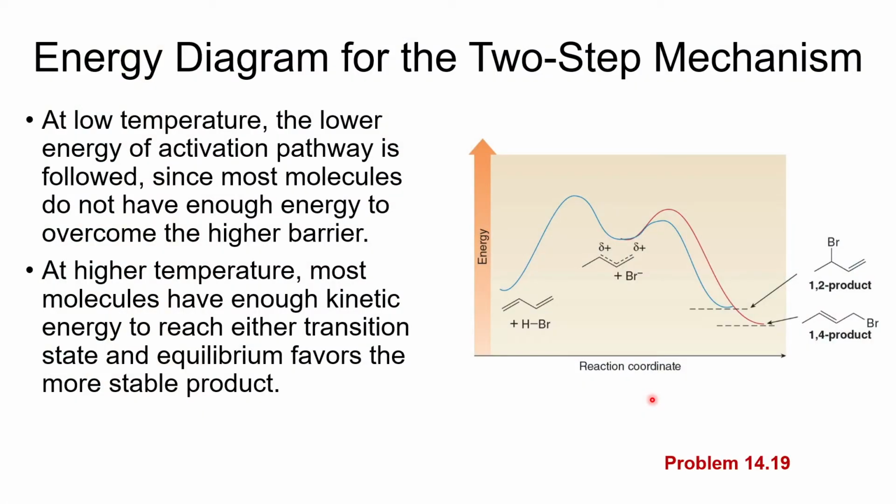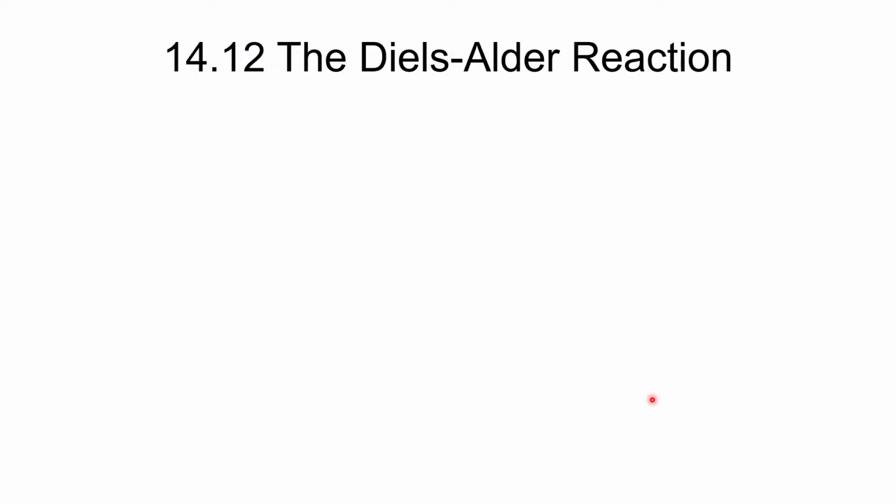Okay, so we're going to look at a really cool reaction that is called the Diels-Alder reaction. And I really love the Diels-Alder reaction because the first time you see it, it seems almost kind of magical. It seems like something that shouldn't be able to happen, but it definitely does.